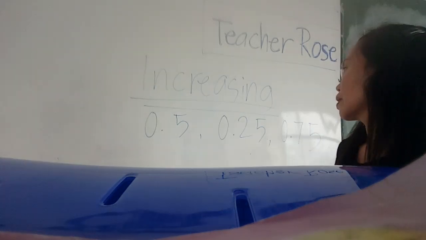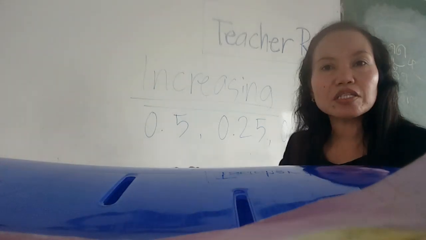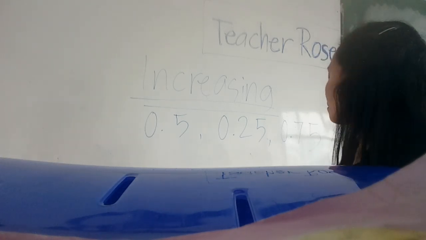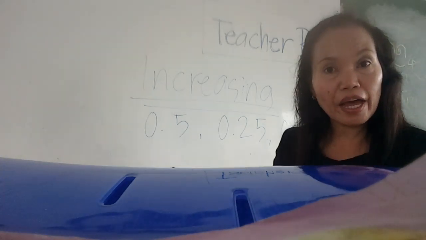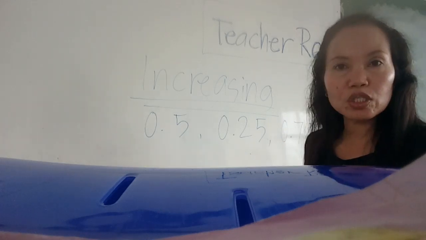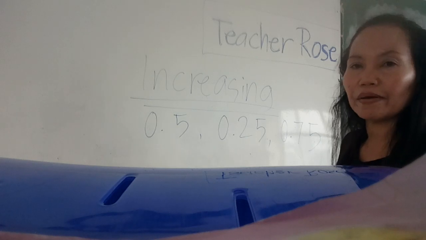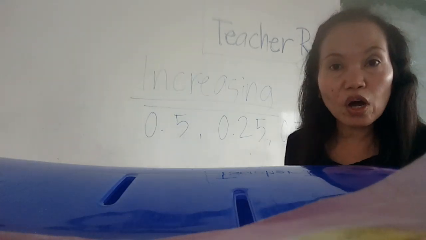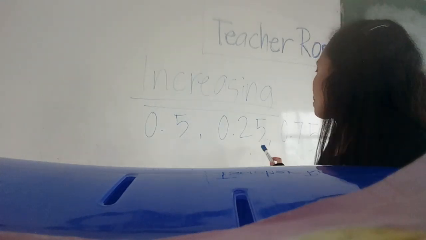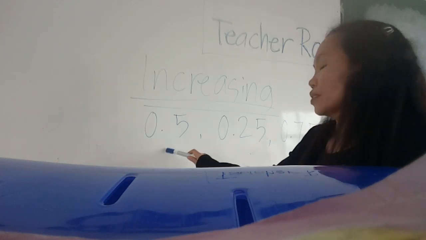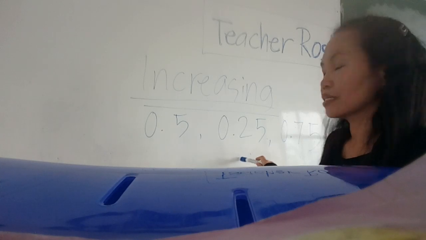Okay? So, out of these 3, which is the smallest decimal number? Is it 0.5? Is it 0.25? Or is it 0.75? So, which is the smallest?